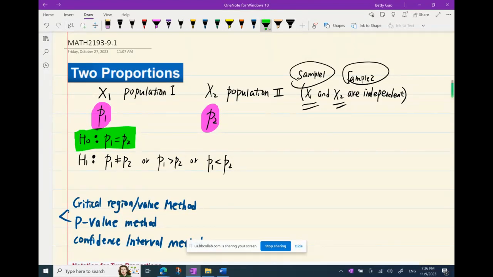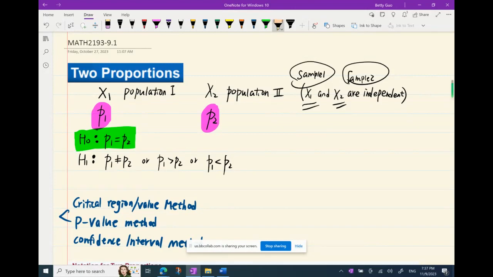In this case, we get one sample from X1 and one sample from X2, and then we come up with a test statistic to see if it falls in the critical region, if the rare event occurs. Then we make a decision to reject the null or fail to reject the null. So the null here is always P1 equals P2, assuming the 2 population proportions are equal to each other.